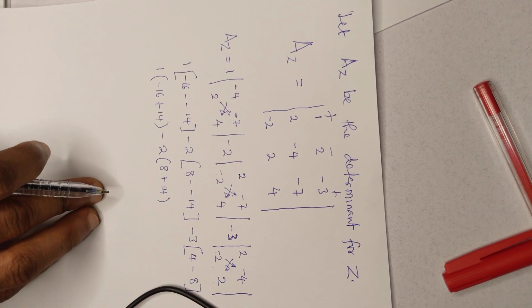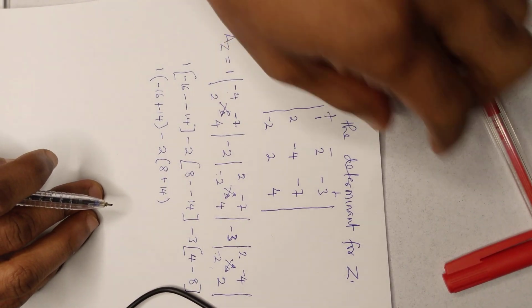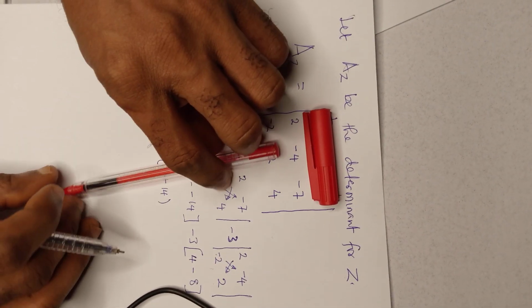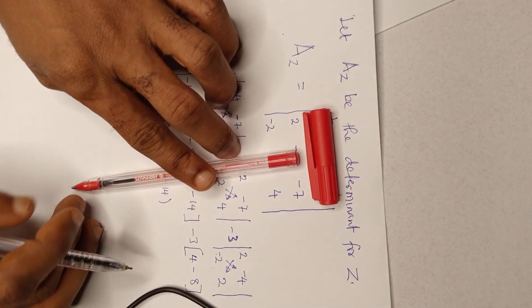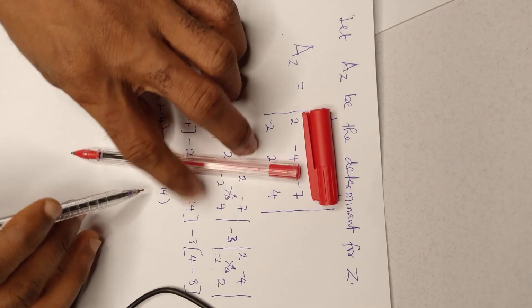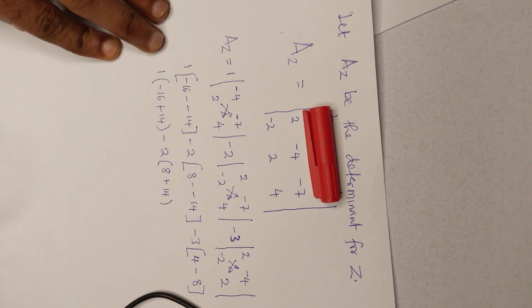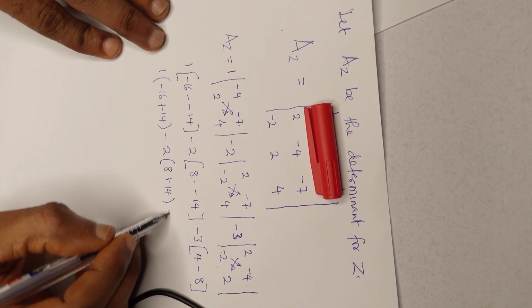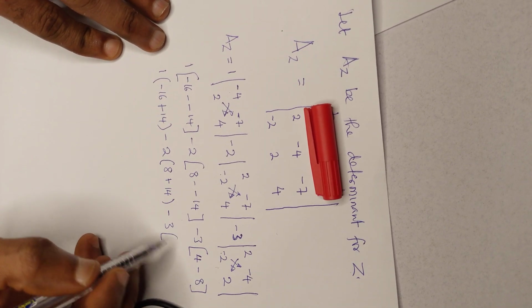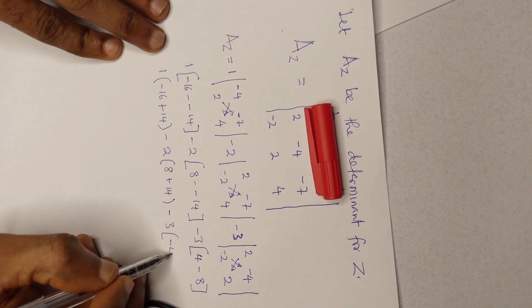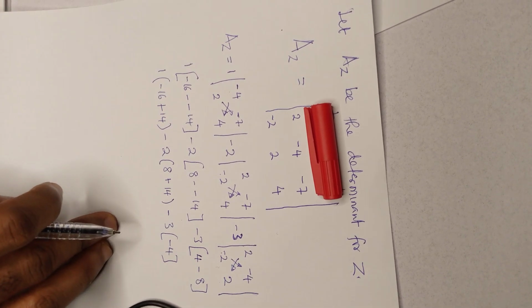Let me check where we had that for 2. This is 2, 2 minus 2, minus 7, 4. Okay. All right. Minus 3 into 4 minus 8 will give us minus 4.